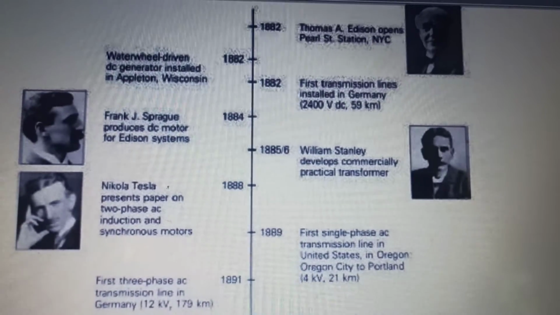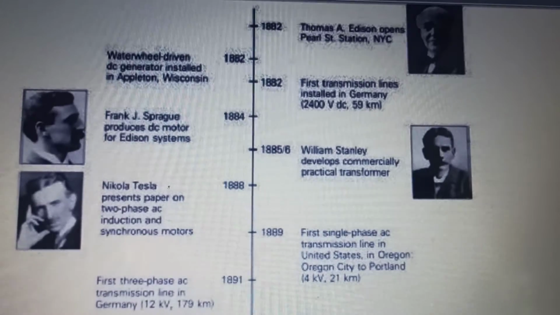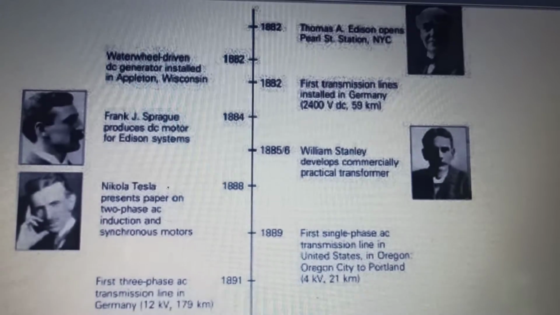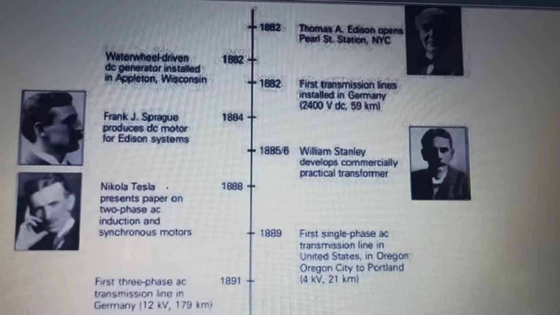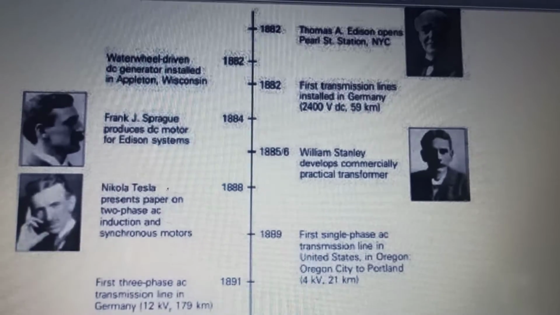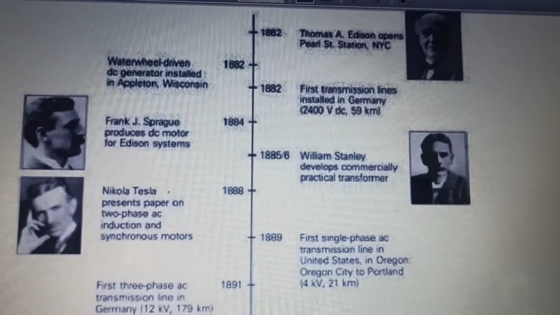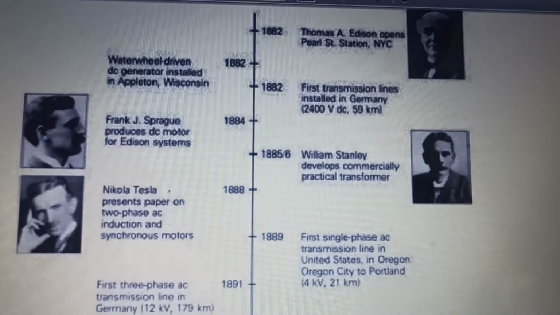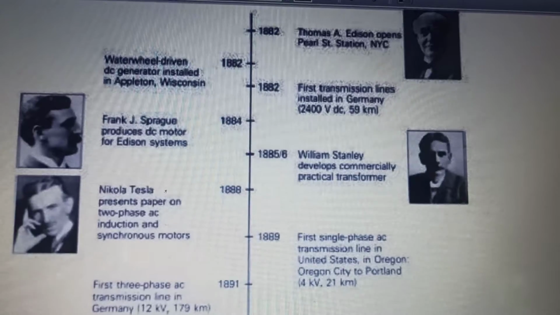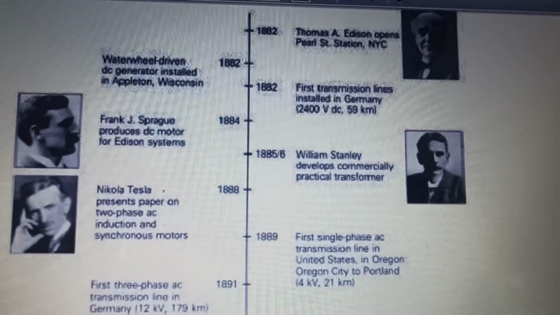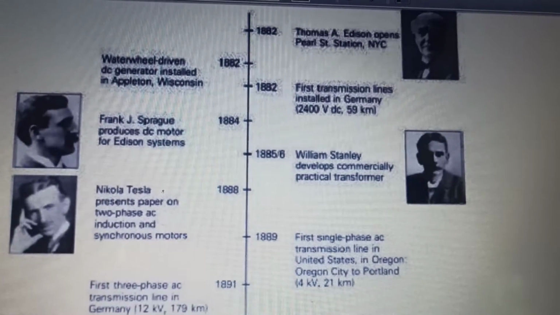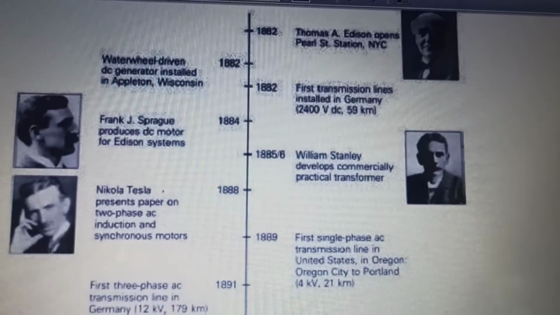After that, Frank J. Sprague produced the DC motor for Edison systems, and it is quite visible. So the impact of Edison is quite visible, that Mr. Frank J. Sprague provided the DC motors for Edison systems.